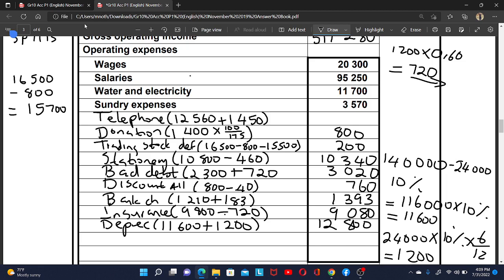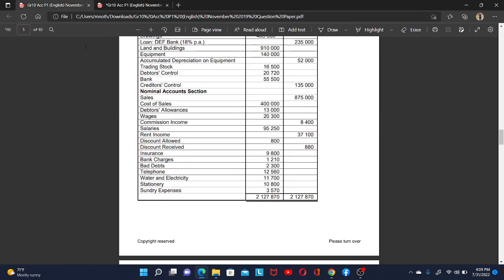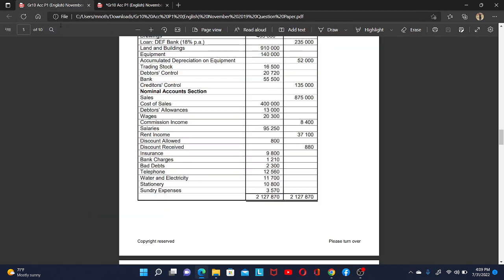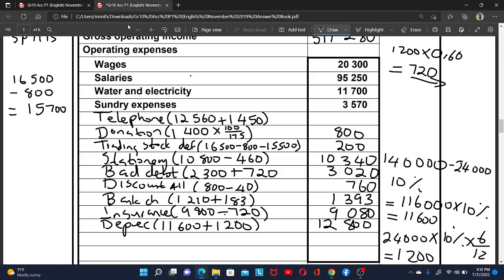So let's check if we have wages and salaries. Bank charges, discount rate. Yeah, seems as if 1, 2, 3. Yes, seems as if we're done with the expenses.